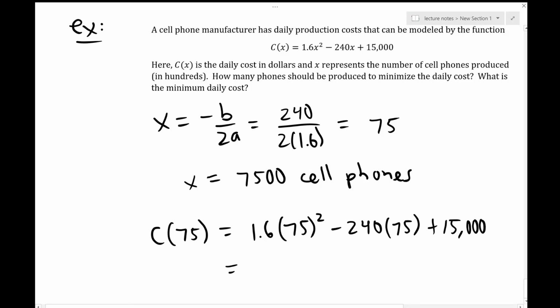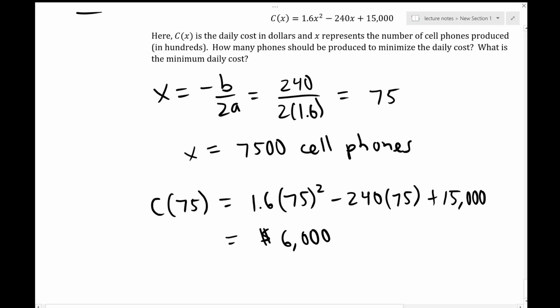Again, you'll want to use a calculator to help with the math, but you should end up getting 6,000 as the result. This represents a dollar amount, so we're talking about $6,000 as the minimum daily cost to produce these cell phones. So 7,500 cell phones is the number that we want to manufacture, and $6,000 represents the minimum production cost.